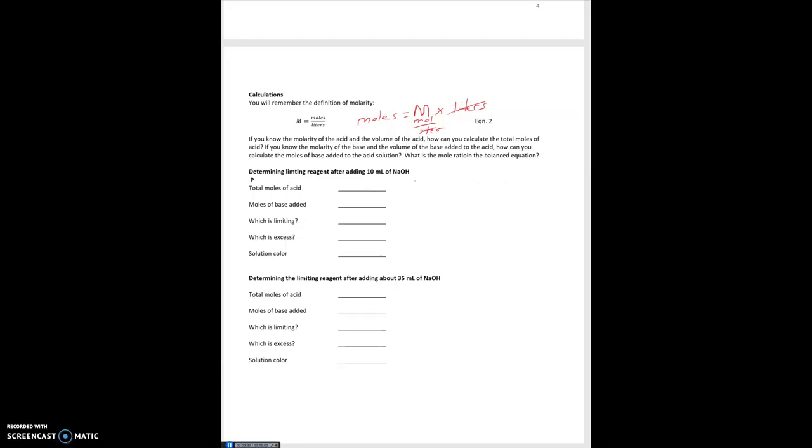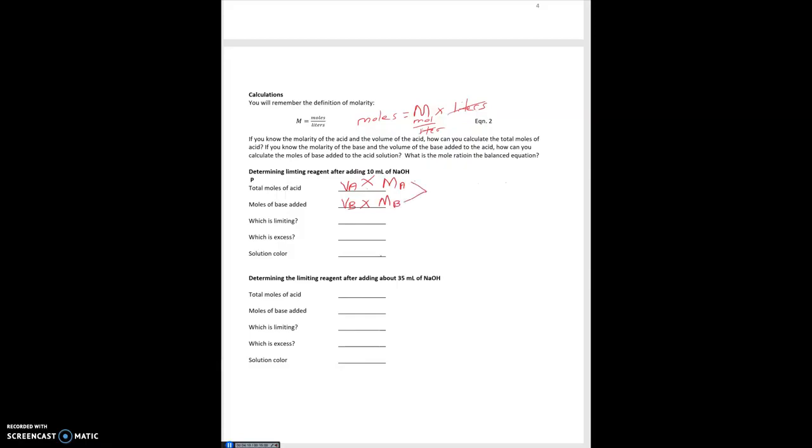So the total moles of acid is going to be the volume of the acid times the molarity of the acid. The moles of base is going to be the volume of sodium hydroxide added times the molarity of the base.